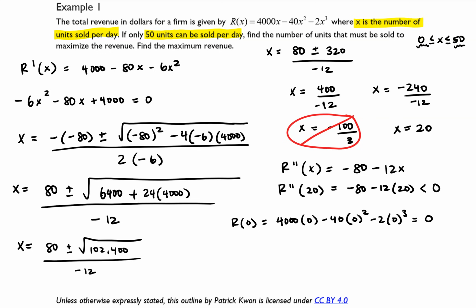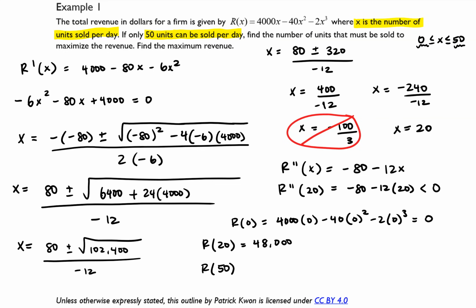So that's probably not going to be our maximum, but we do need to check r of 20 and r of 50. And so I'm just going to throw those into a calculator really quickly and see what we get. So r of 20 ends up being 48,000.